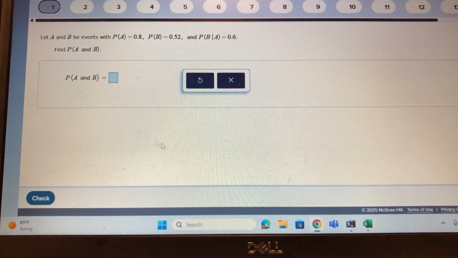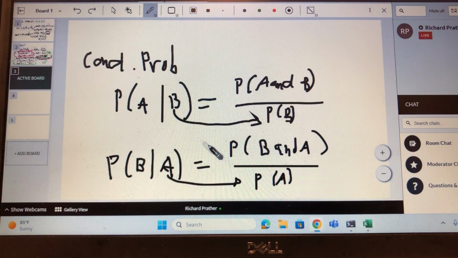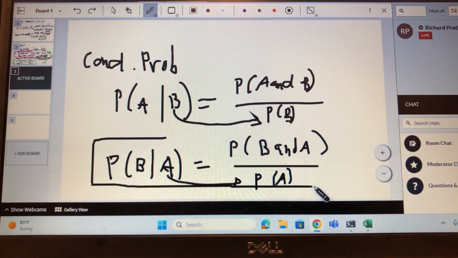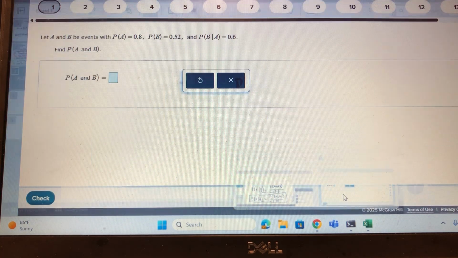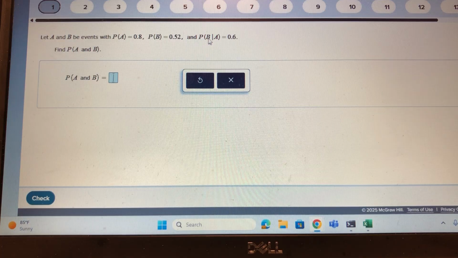So back to here, they say find the probability of A and B. They tell me A, they tell me B, and then they give me this B given A too. See, that's conditional probability. So I'm going to use this formula right here, B given A. And we know the probability of B given A is 0.6.